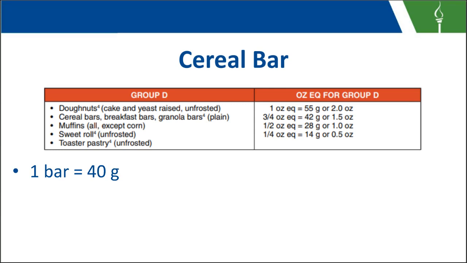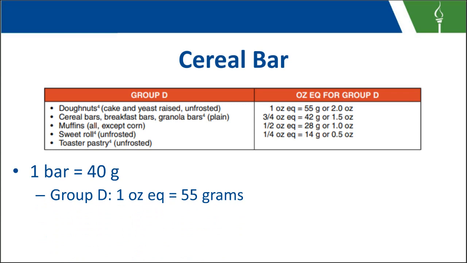So like we mentioned before, this one cereal bar is going to be 40 grams. And to convert our item over to ounce equivalents, we'll look over here in this next column where it says ounce equivalents for Group D, and we'll see that 1 ounce equivalent is equal to 55 grams or 2 ounces.